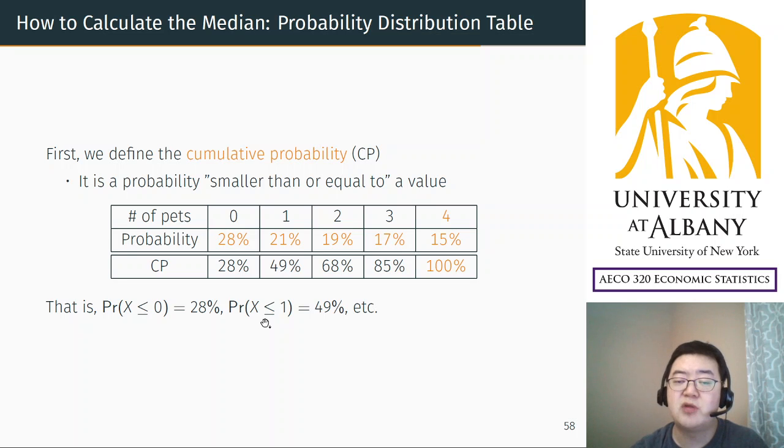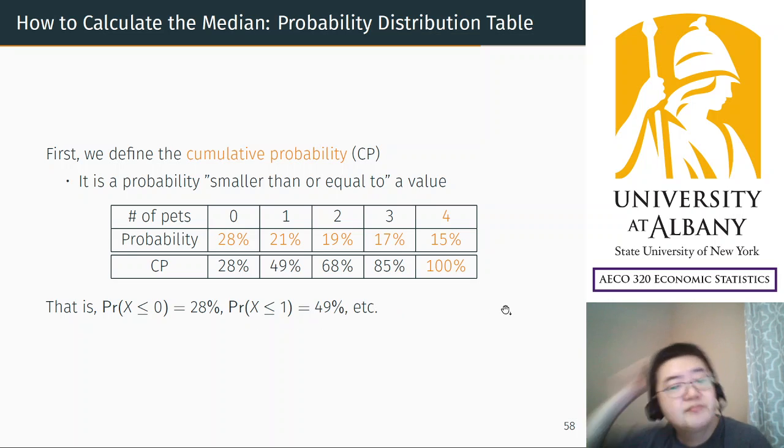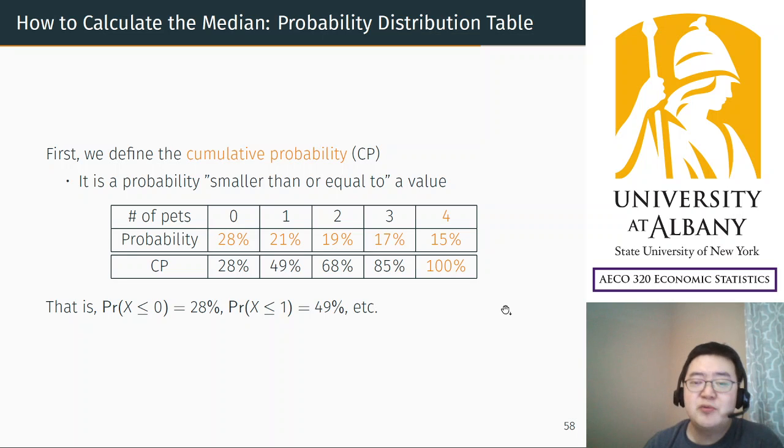Probability x smaller than or equal to 1 equals 49%, and so on. Cumulative probability also plays a very important role later, so I strongly encourage you to keep it in your memory for later use. The later use will be much more important than what I'm doing here.